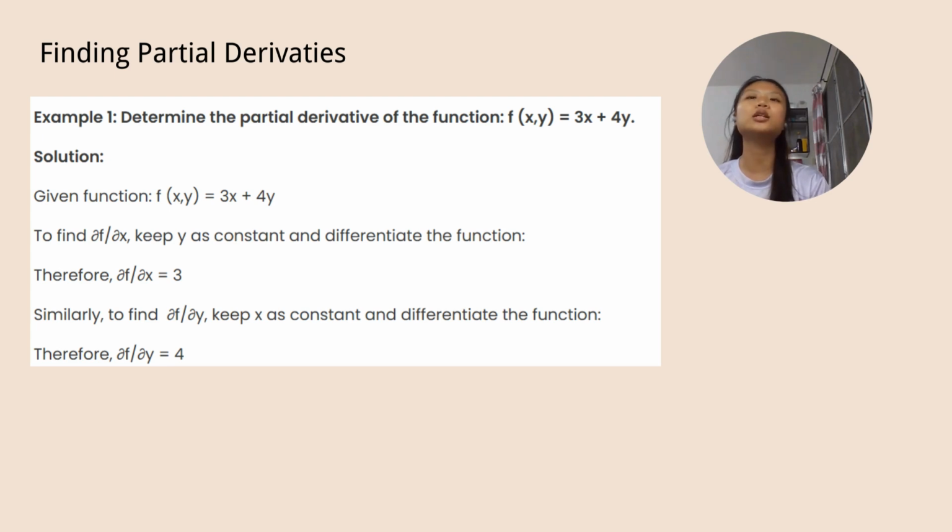The solution: given the function f(x, y) = 3x + 4y, to find ∂f/∂x, keeping y as a constant, differentiate the function. Therefore ∂f/∂x equals 3. Similarly, to find ∂f/∂y, keeping x as a constant, differentiate the function. Therefore ∂f/∂y equals 4.